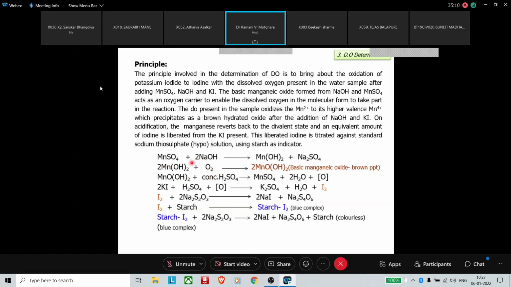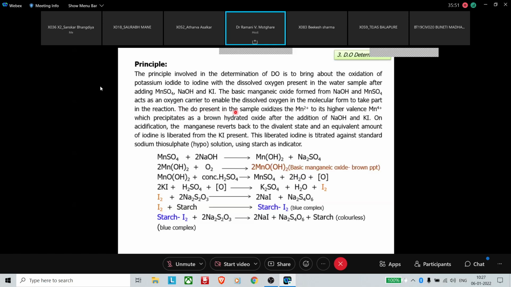Once this dissolved oxygen forms basic manganic oxide, Mn2 plus to Mn4 plus is forming. Manganese hydroxide is capable of getting oxidized to Mn4 plus by this dissolved molecular oxygen. This dissolved molecular oxygen can't directly oxidize iodide to iodine, and that is why we use manganese. So basic manganic oxide is formed.